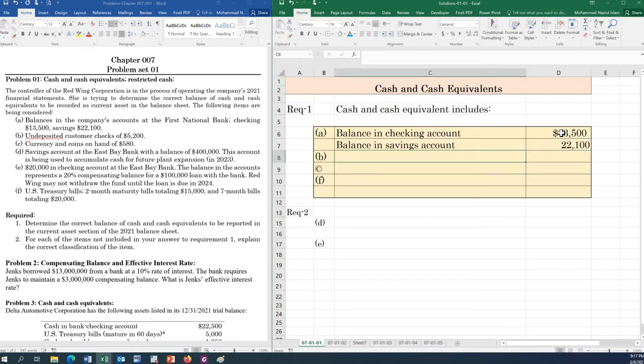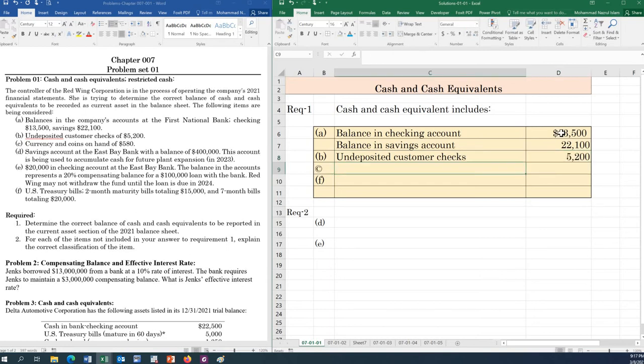And then number B, undeposited customer checks. We can convert this one into cash within 2-3 days. So that one is 5,200, correct?